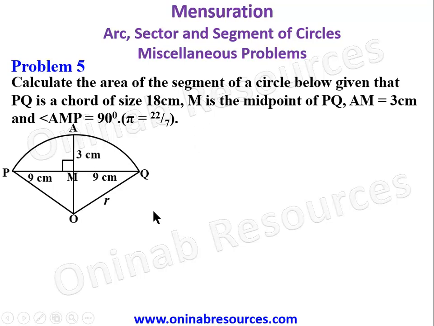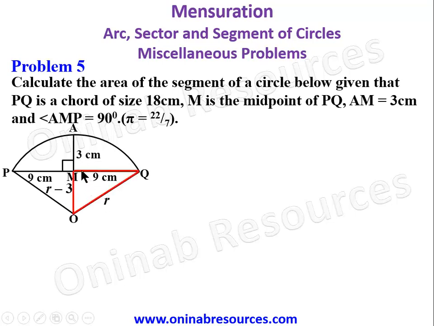Before we go, we need to find the value of R, the radius of the circle. Now we look at this: OA is a radius, and OM will be R minus 3.